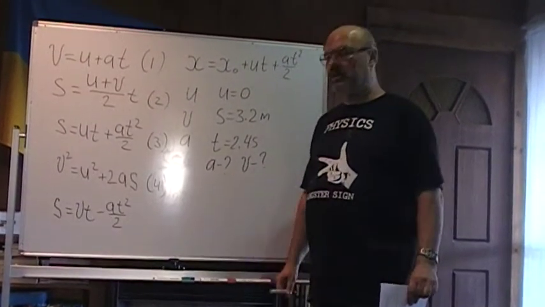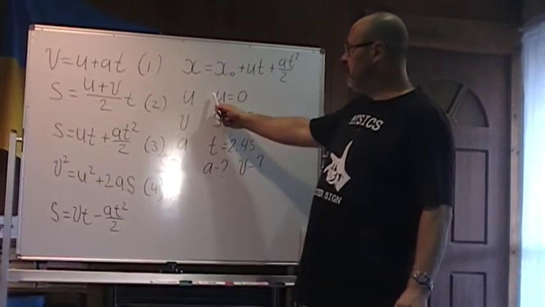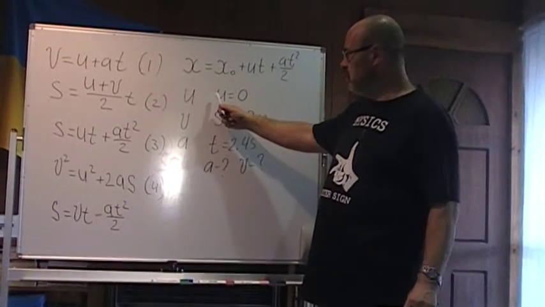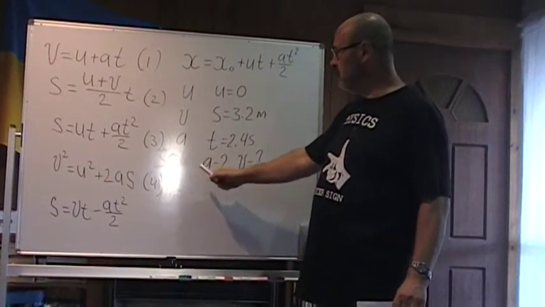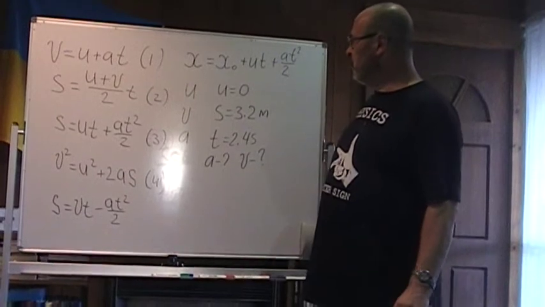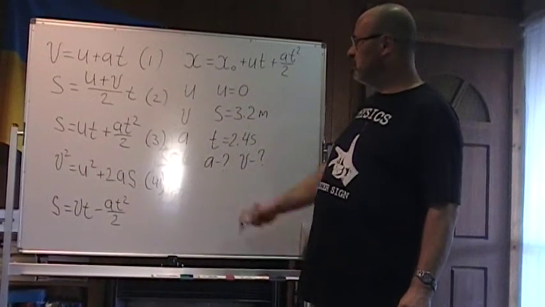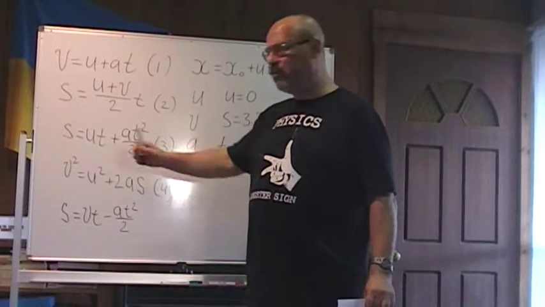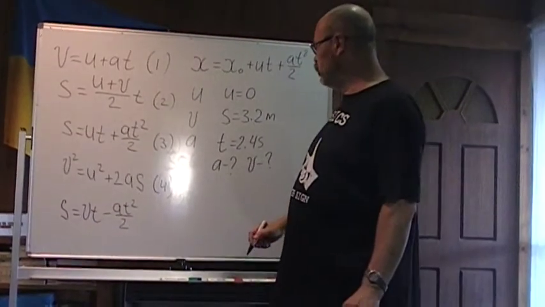So let's start with acceleration. We have known values u, s, t, and we are looking for a. The formula that connects those values is number 3. So let's apply this formula.